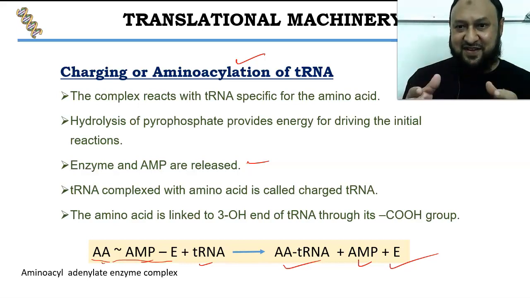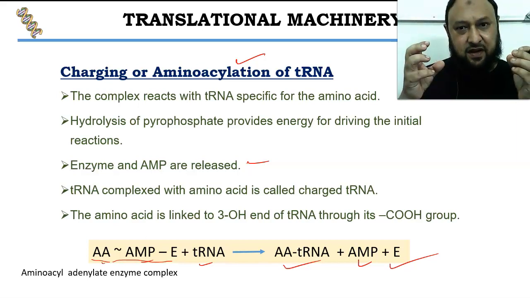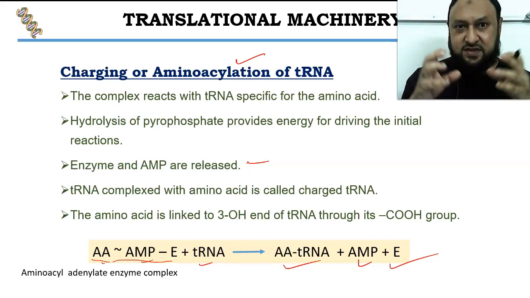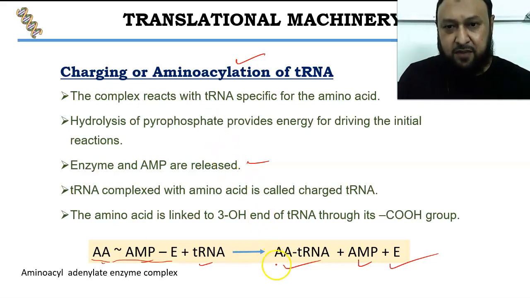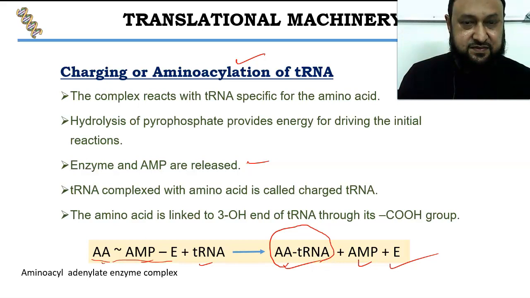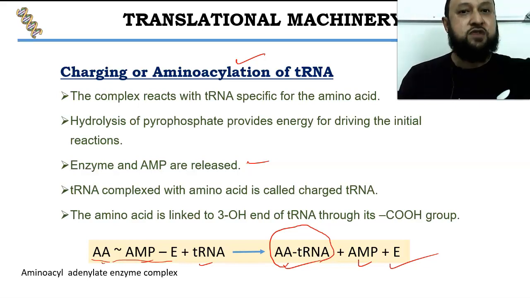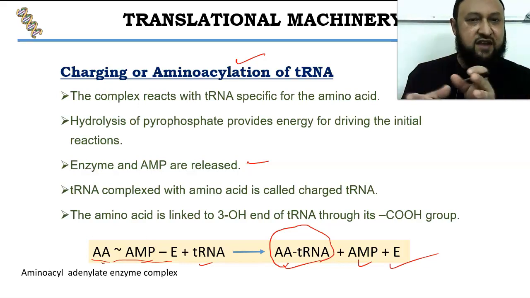The enzyme is released and the amino acid forms a complex with tRNA. So this is the product. For the formation of this amino acyl tRNA, the charged amino acid that goes to the ribosome, all these reactions took place.